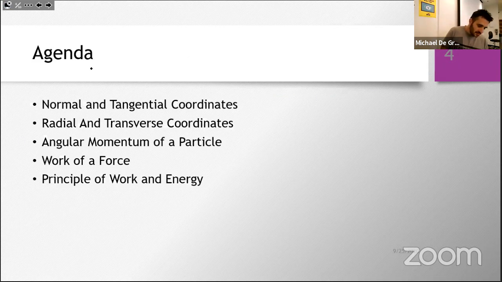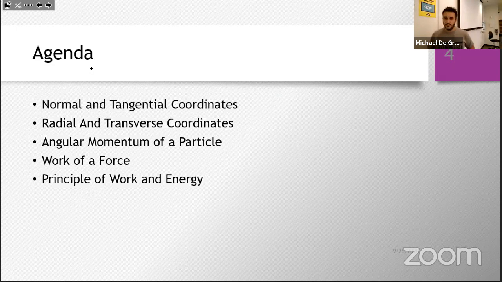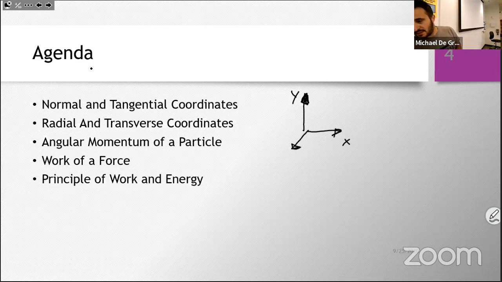So today, we're going to explore alternate coordinate systems, right? So what if we don't want to use Cartesian? What if we don't want to use what we consider to be our typical Cartesian coordinate system, right? X, Y, and maybe Z, if it's 3 dimensions.